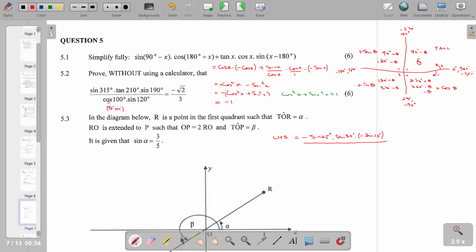Then what is the sign of cos? In the second quadrant, we see it's negative because we see 90 degrees. So it's gonna be a co-ratio, meaning to change the cos changes to sine. So it's gonna be negative sine 10 degrees.